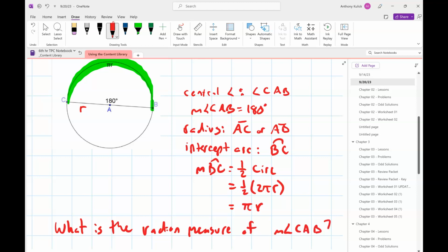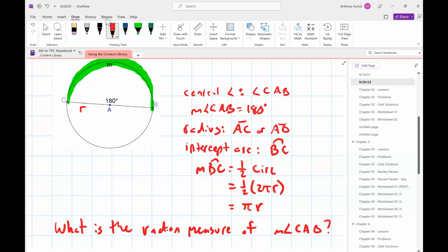And what we want is to use this information that we've accumulated to figure out the radian measure for this angle CAB. Everybody's okay with that idea?